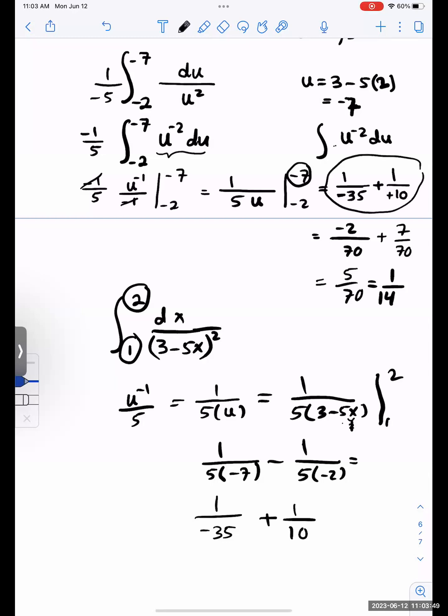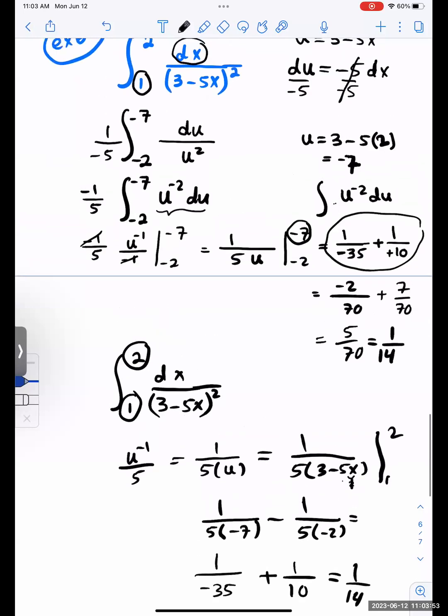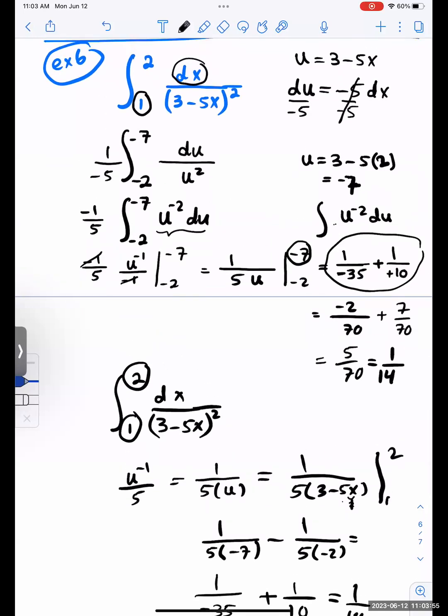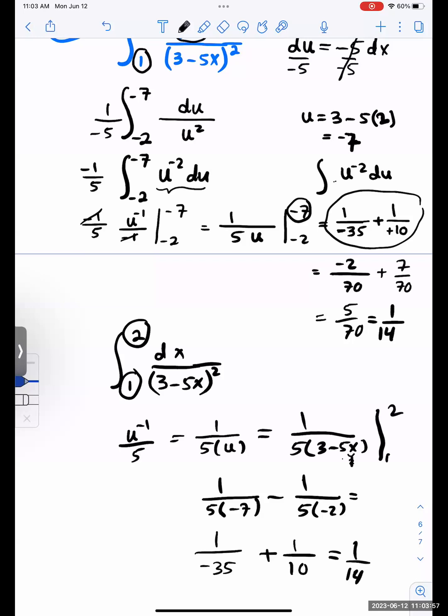And we calculated and we got to 1 over 14. So you could have recalculated u, or you could have substituted u back and used the original limits. That's what I want to tell you here.